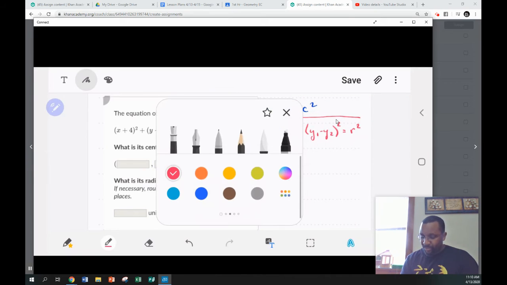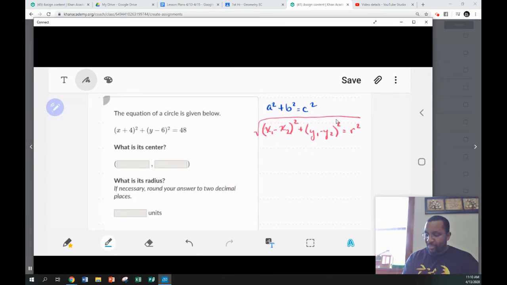So the equation of a circle is really just all of that without the square root part. It's always going to be x minus some number, they'll give you different letters like h, squared, plus y minus k squared equals r squared.